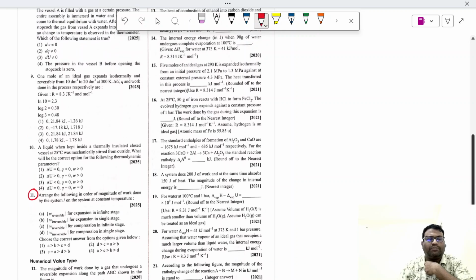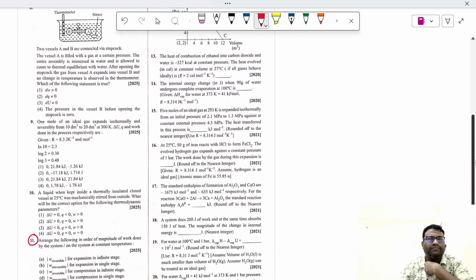What is given in question number 11? Arrange the following in the order of magnitude of work done by the system or on the system at constant temperature: reversible expansion, irreversible expansion.